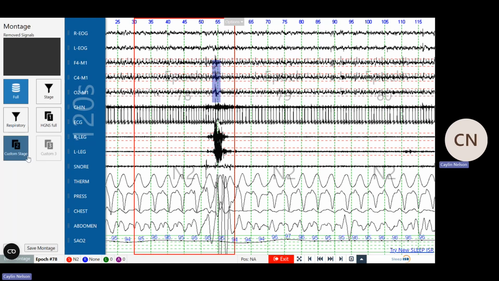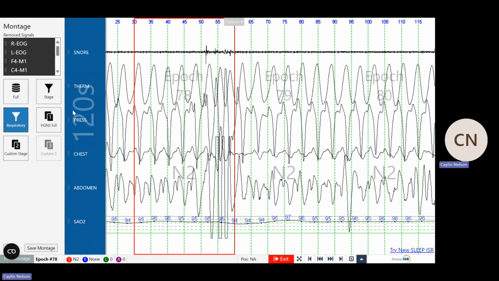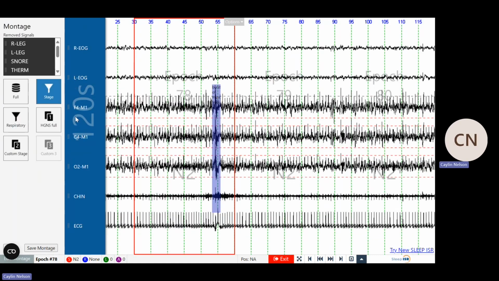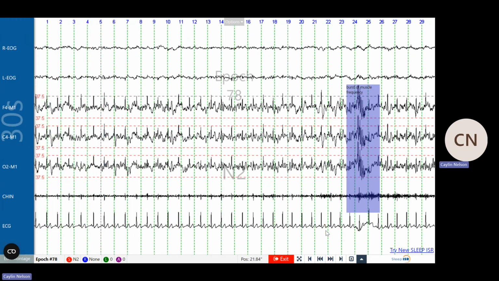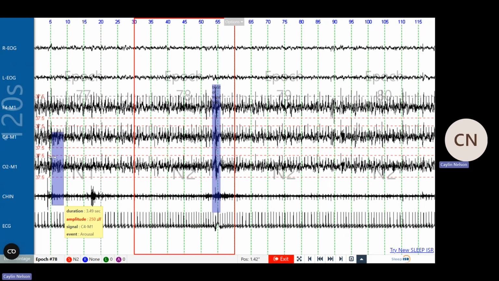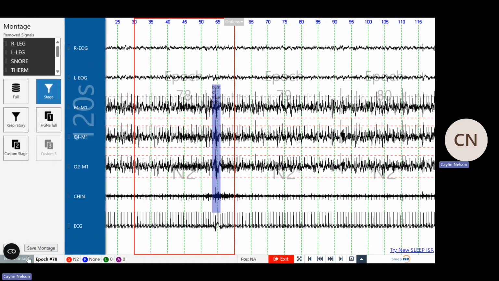So after looking at that, we can go back to our respiratory. Now that we know that there was something that happened in there, even though it wasn't apnea related, I'm just going back to verify that it's not just an arousal and that it's just that movement.